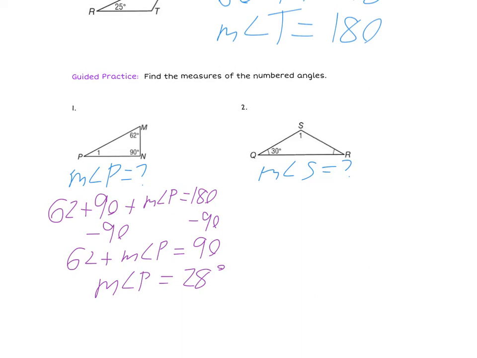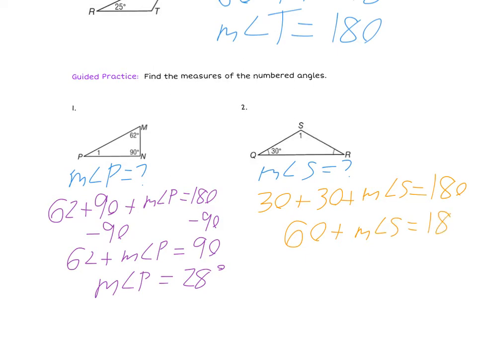So we can assume then that 30, the measurement of angle Q, plus 30, the measurement of angle R, plus the measurement of angle S, is equal to 180. That is to say that 60 plus the measurement of angle S is equal to 180. If we subtract 60 from both sides, the measurement of angle S is equal to 120. Not that bad, right? Let's keep going.